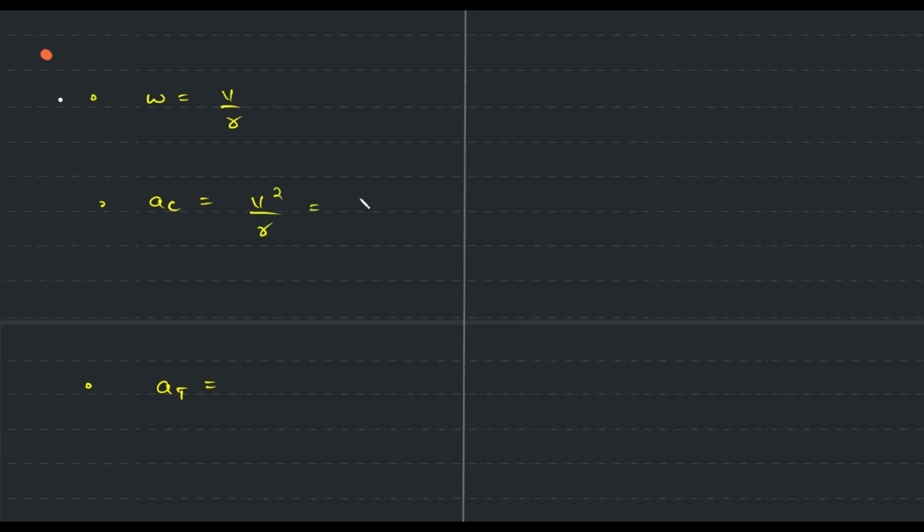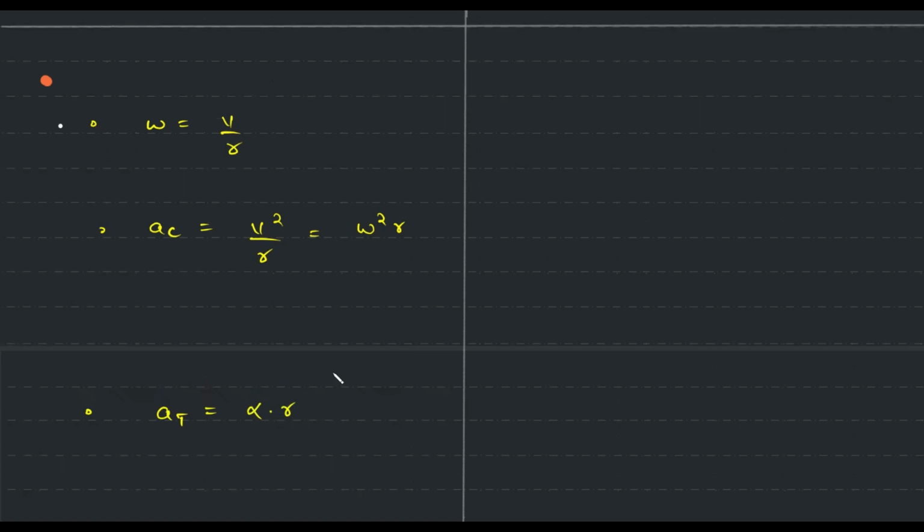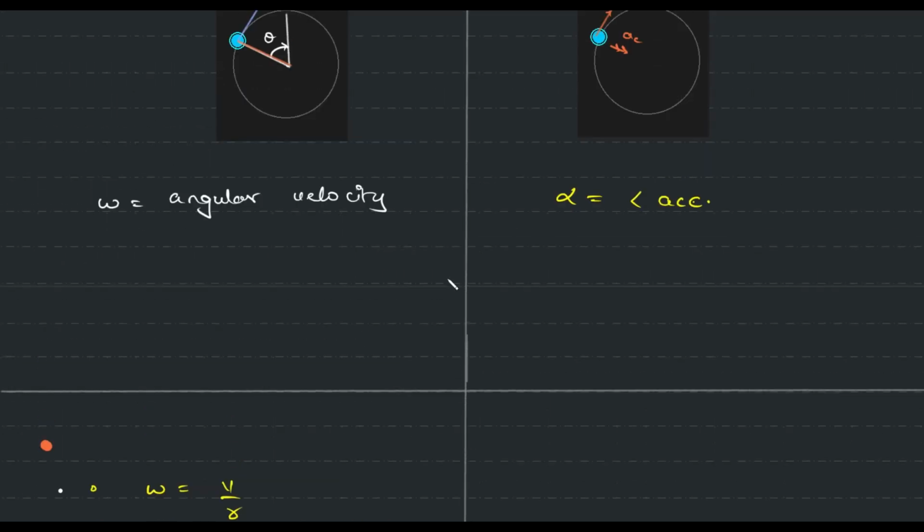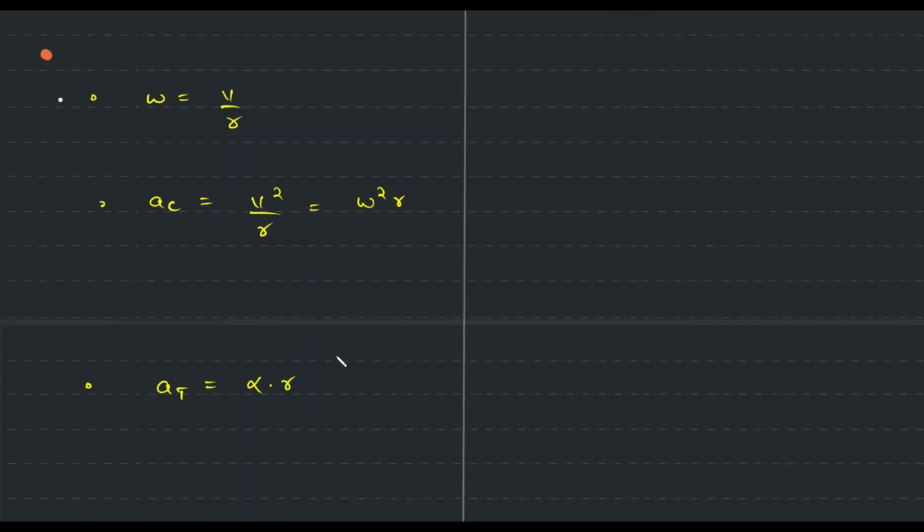If I substitute v, we have omega squared r. And AT will be alpha into r. Just like v is equal to omega r, you differentiate it and you end up with this.